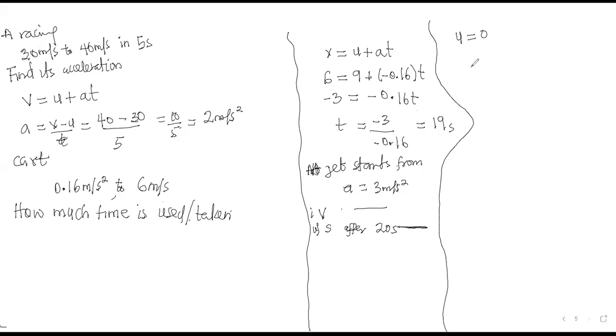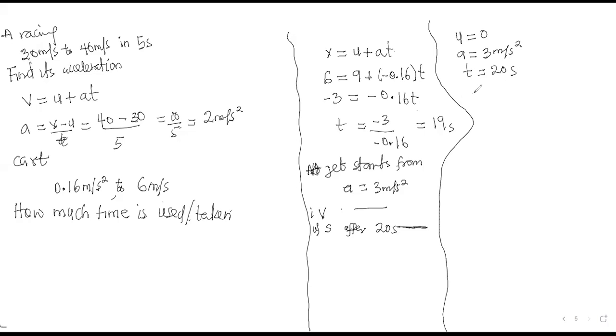We are told it accelerates uniformly at a rate of 3 meters per second squared, and we want the final velocity and the distance traveled after a time of 20 seconds.